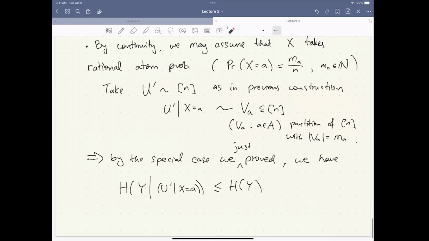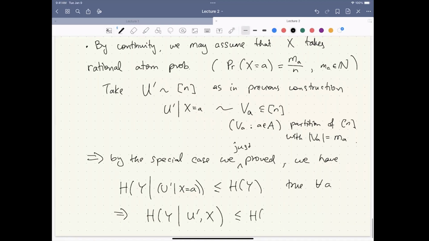This is true for any choice of a. That means we can also further drop this x equal to a, right? So if you drop it, we have h of y conditioned on u prime. If you drop a, then you just have a random variable x here. It's at most h of y.